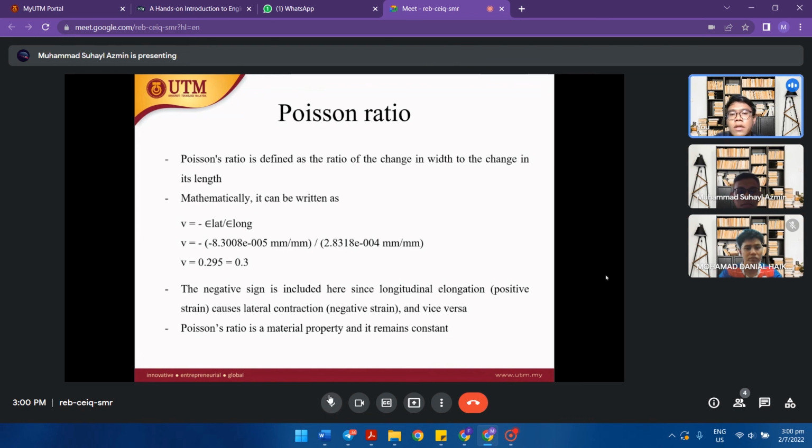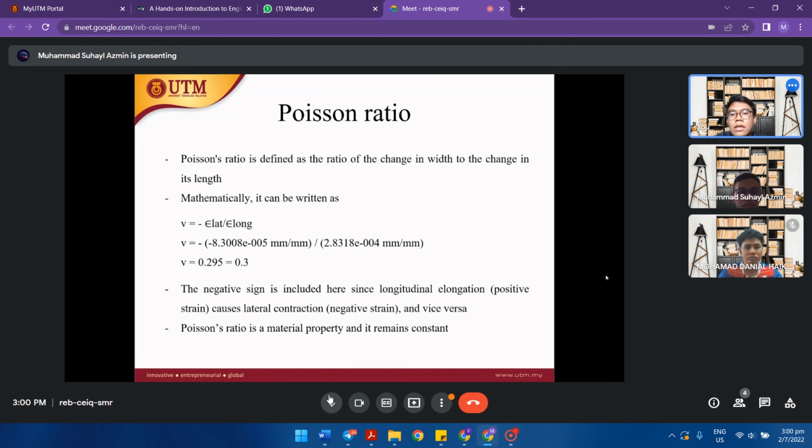To calculate Poisson ratio in this project, the average strain x is 2.831 times 10 to the power of negative 4, while the average strain y is negative 8.3 times 10 to the power of negative 5. These values are obtained from ANSYS software, and therefore we calculate the Poisson ratio as 0.3.